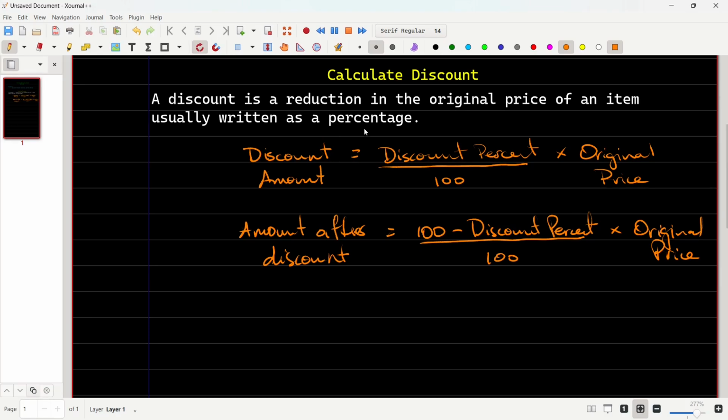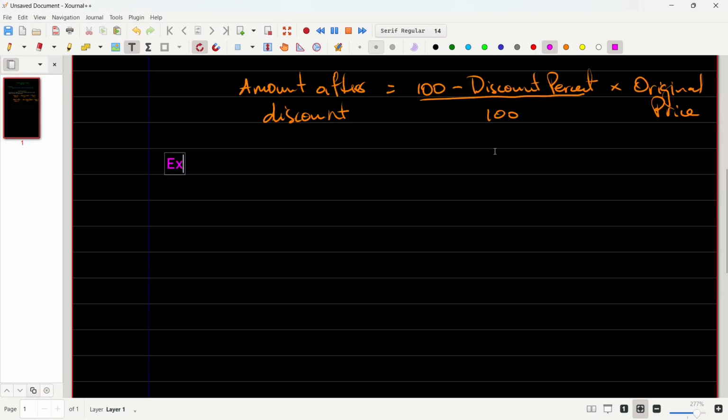All right, let's look at an example. This is a lot of words, so let me see if I can type it out. So the example is as follows, and I'm going to put this in pink.